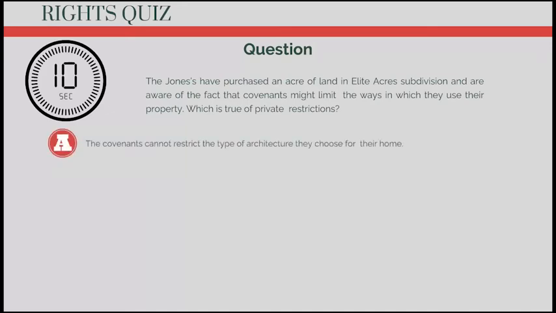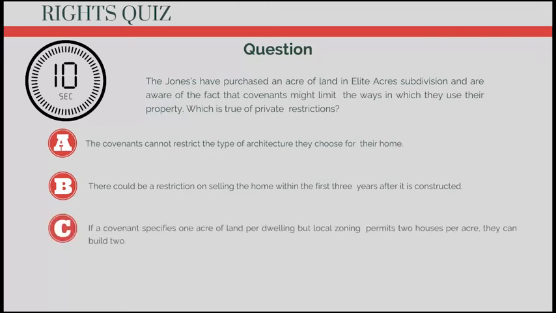A. The covenants cannot restrict the type of architecture they choose for their home. B. There could be a restriction on selling the home within the first 3 years after it is constructed. C. If a covenant specifies 1 acre of land per dwelling but local zoning permits 2 houses per acre, they can build 2. Or D. Covenants can be based on aesthetic considerations.